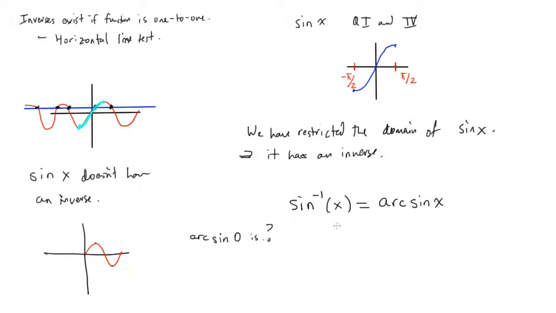So what this function means: let's say that arc sine of 0 is a number that we're trying to look for. Let's just call it y for some unknown answer.